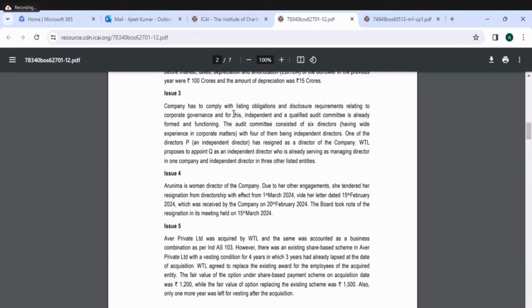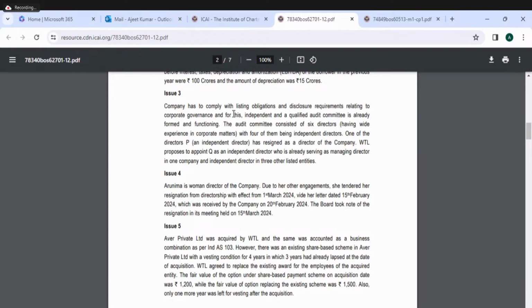Now we have to understand, can any of the students, while I'm explaining, tell me do we have to apply only one kind of listing regulation here, or we have to apply more than one listing regulation?